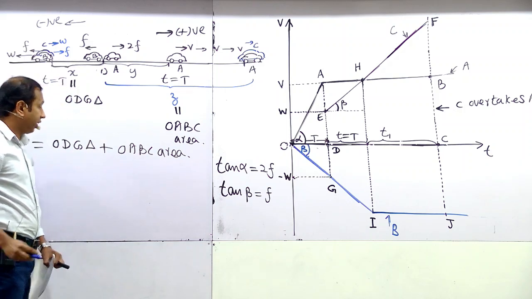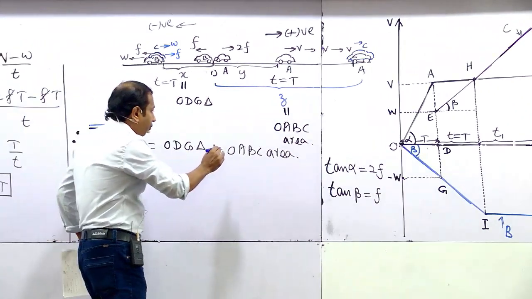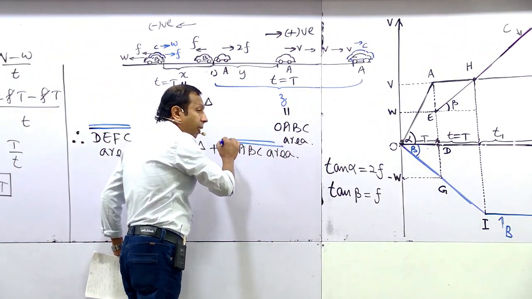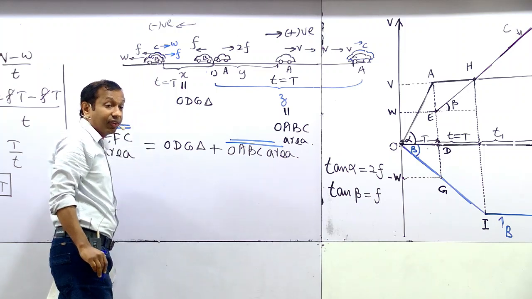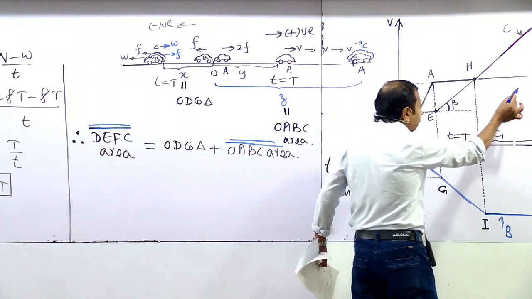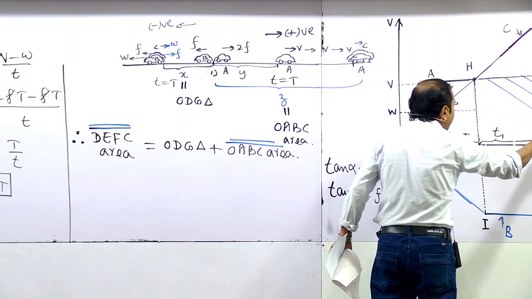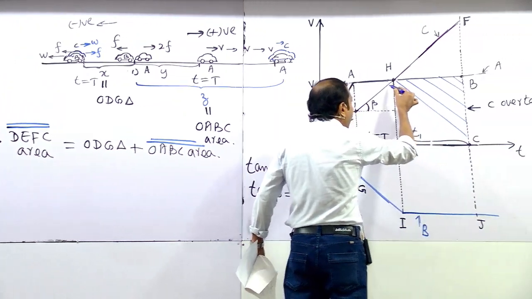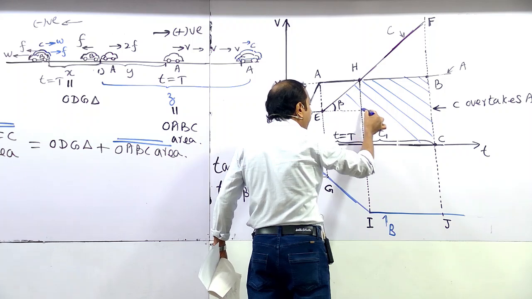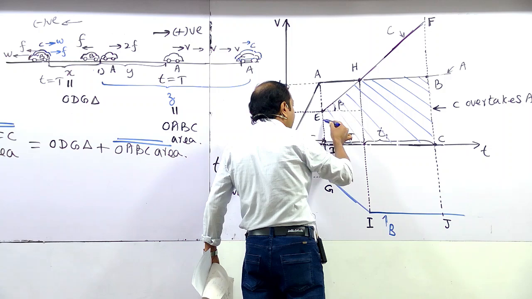Can you identify? What I'm trying to tell you is for this one and for this one, there is a common area. What is that common area? You can see the common area is this, no? Look at this. Can you see this is the common area for both?